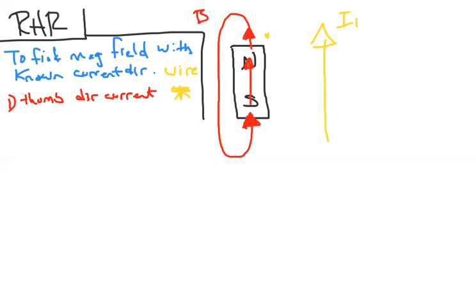In this case, our thumb's going to go up, pointed towards the top of the screen. Another way to think about this is you put your thumb in the direction of I, and pretend you're going to pick up this wire. You have to put your fingers on the right hand side first, so that's the magnetic field on the right hand side.